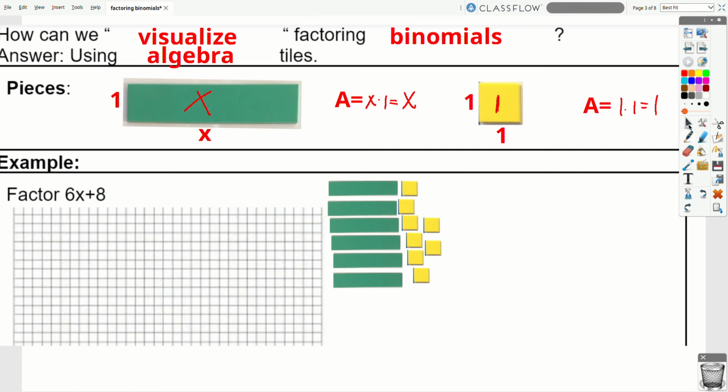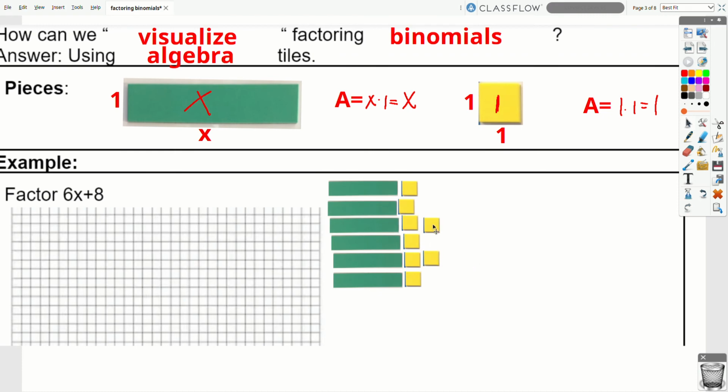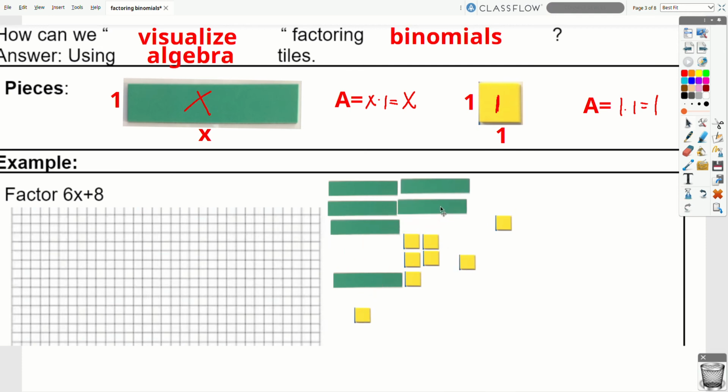What we want to do is arrange this in a rectangle. If we try to arrange it like so, we do not have a rectangle. So we have to move this around a little bit. Maybe we could do this. Maybe that's a little closer.